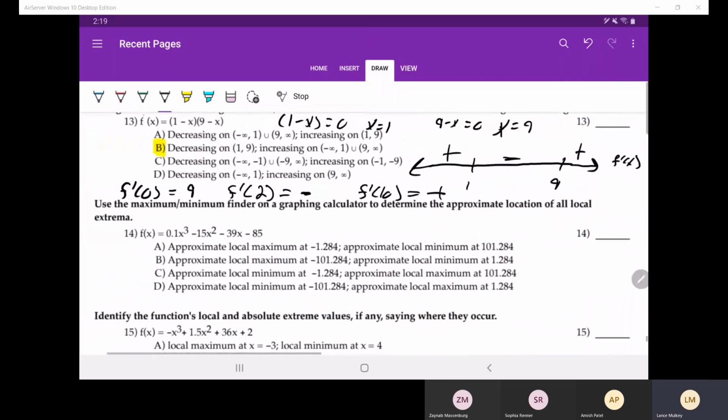Oh, decimals, okay. Using a maximum minimum find on a graphing calculator. I thought y'all weren't allowed to use graphing calculators. Does he know about this question?